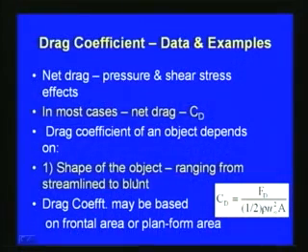The first one is the shape of the object. We can have blunt bodies like a sphere or a cylinder, or we can have an airfoil which is streamlined. So, the shape of the object can range from streamlined to blunt body.